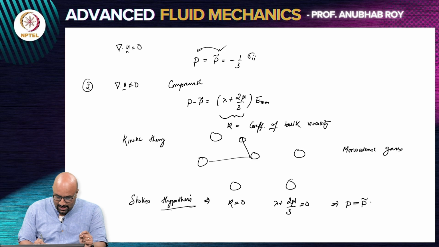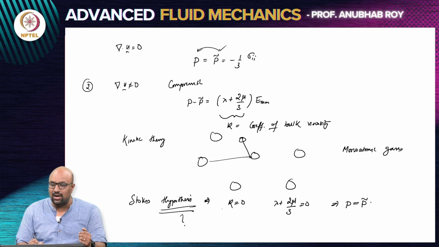Now, this, as you can see, is a hypothesis, which means that it is not necessarily rigorously true. You can come up with scenarios where you can show that this is not guaranteed to always be true. And there is a lot of work that has happened to show that this can fail in many cases where you are not going to have 0 bulk viscosity.